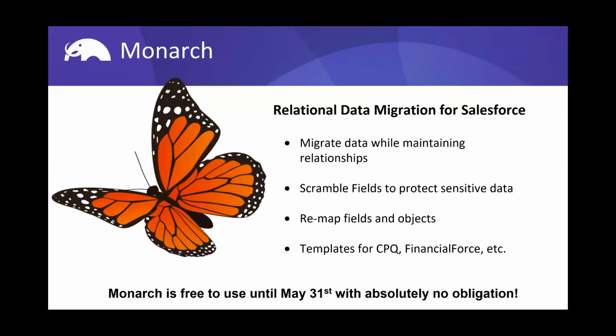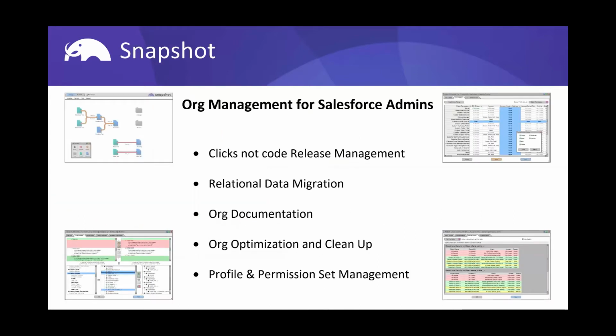One last quick note, a lot of you know that we also do a product called Snapshot, and that's sort of our comprehensive suite for Salesforce. And Snapshot includes the functionality of Monarch. So I noticed we have a couple existing customers on the line. If you're a Snapshot customer, you're going to be able to do everything that you see today. I think it's great for you to hang on and watch everything that it can do, because this will be a really nice prep. But the functionality of Monarch, while we do have it standalone now, is also part of our Snapshot suite.